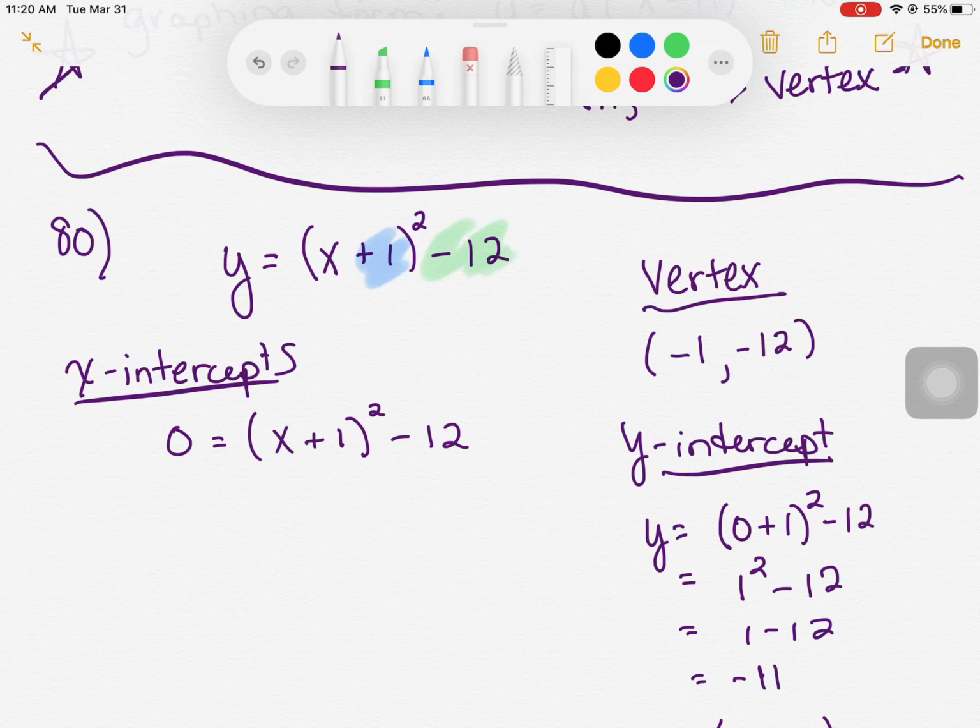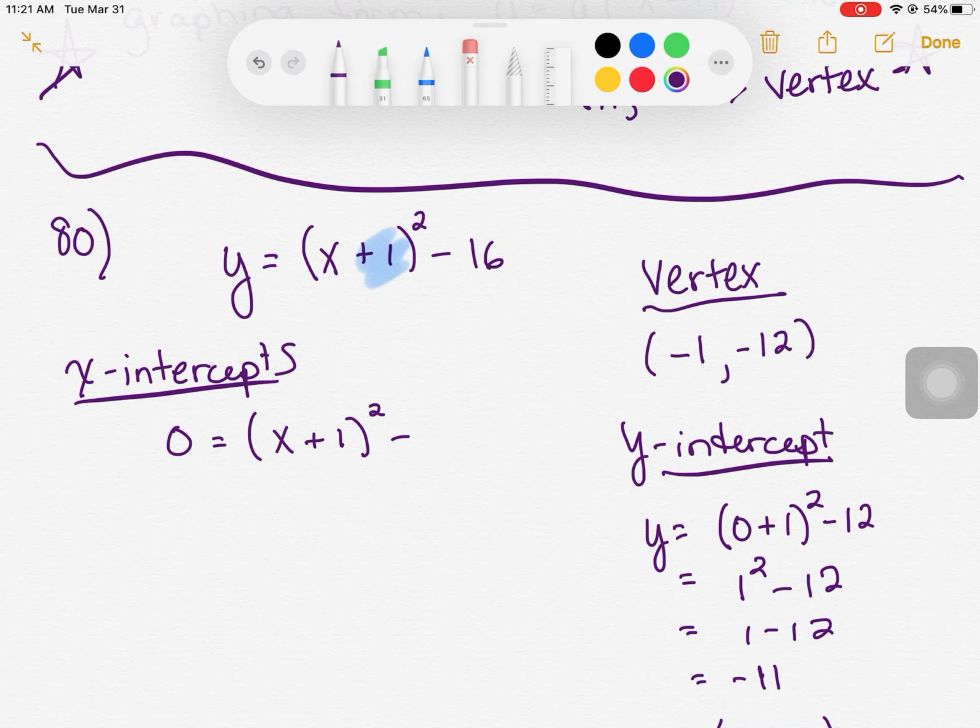Now, to solve this, I have to work my way in to where the x is. So my first step, I'm sorry, I believe I have the wrong equation written down. Let me go back and fix that, because if I don't fix that, this is going to get a little ugly. This should be 16.